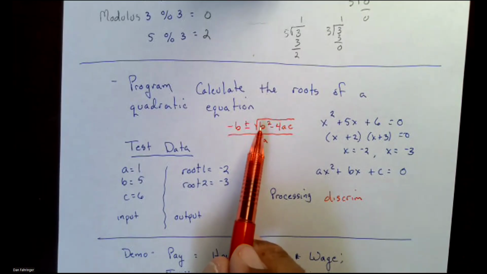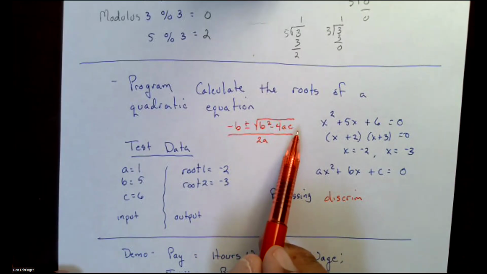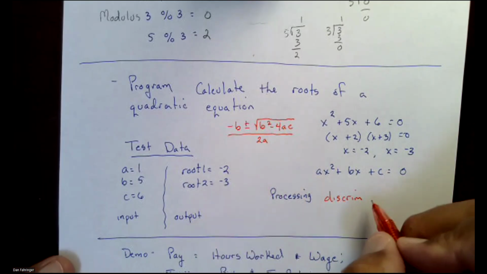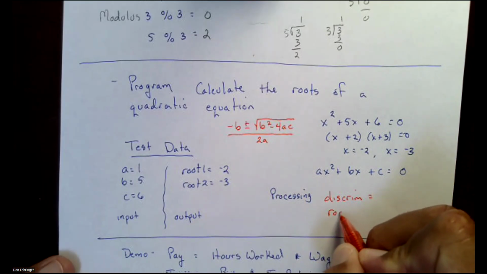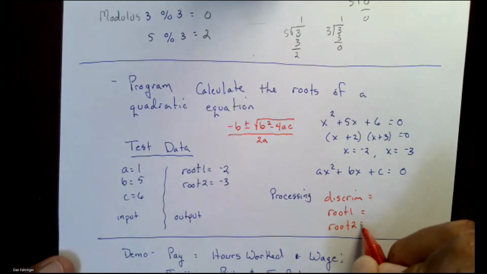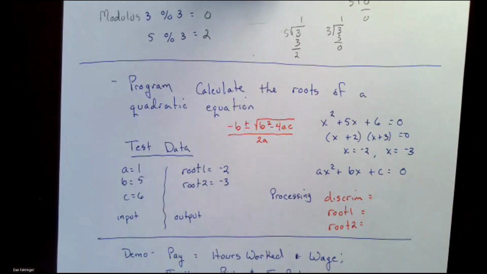That's that b squared minus 4ac. Because otherwise, this is going to be really long. So what's the discriminant? What is root 1? What is root 2? And how do these equations work in processing? Any questions?